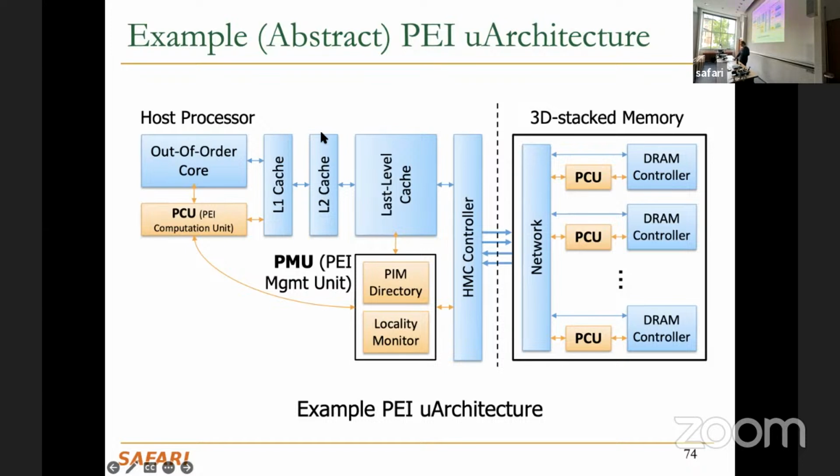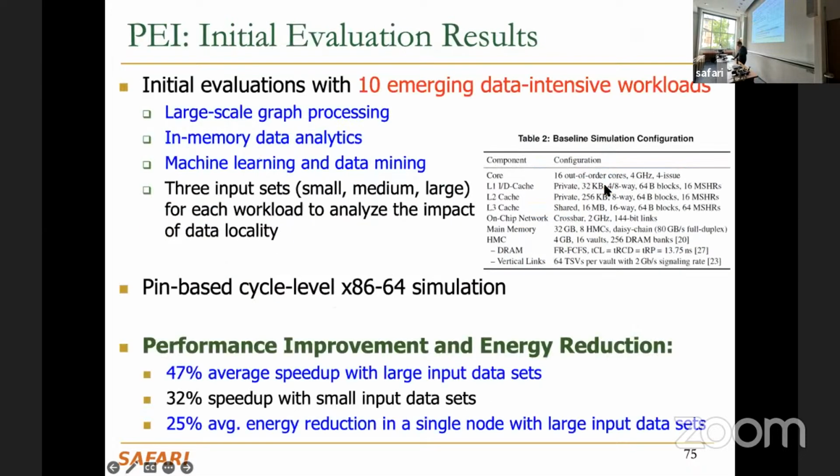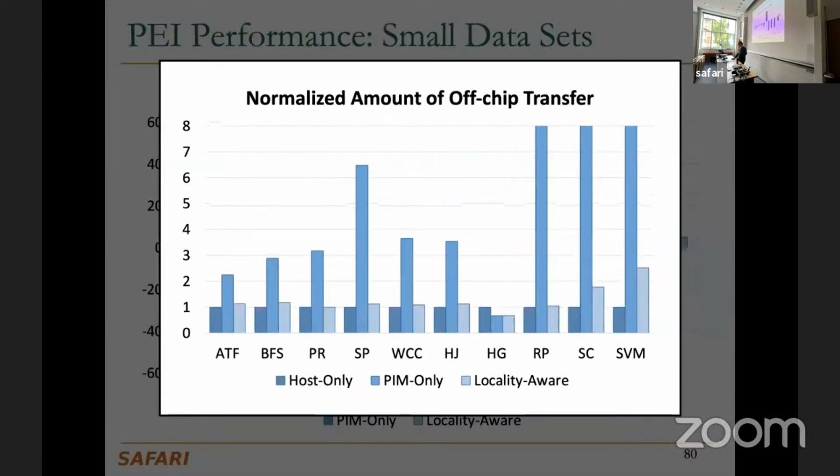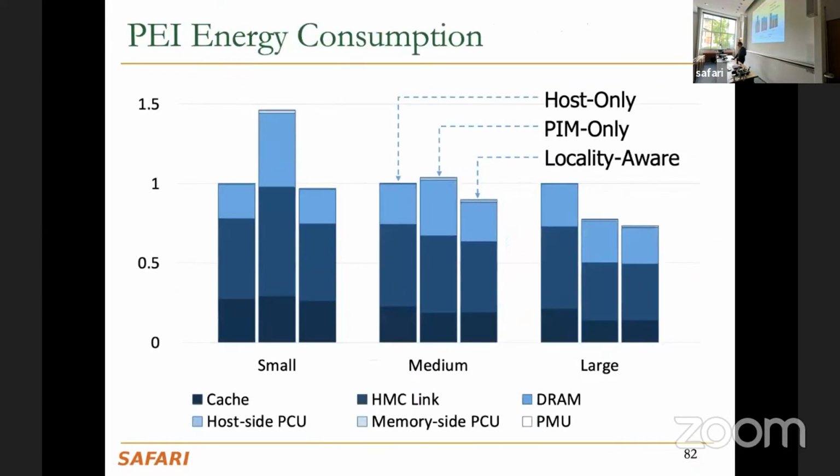If you need to do a page walk, etc., it all happens on the processor side. Okay, and the instruction gets sent to the memory only when the physical address is available. Okay, this eliminates the need for having virtual memory on the memory side.